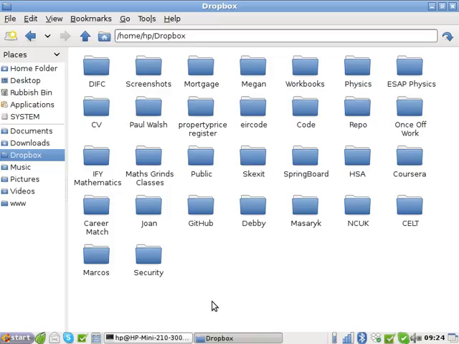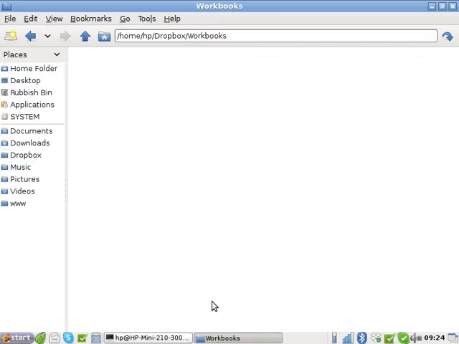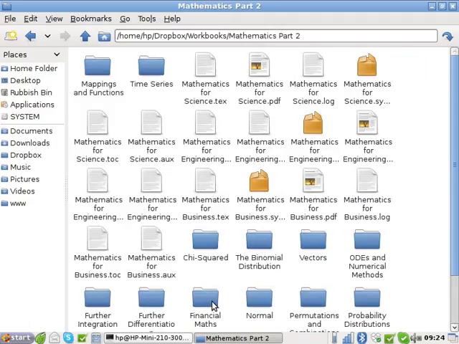Let me just have a look here. Workbook, Maths Part 2, and Engineers. How do you know this is the lesson we want?